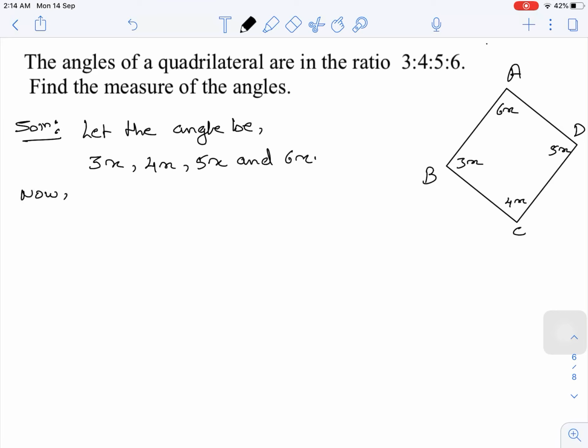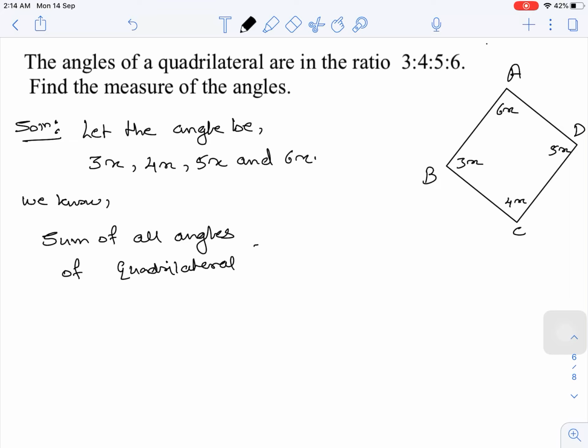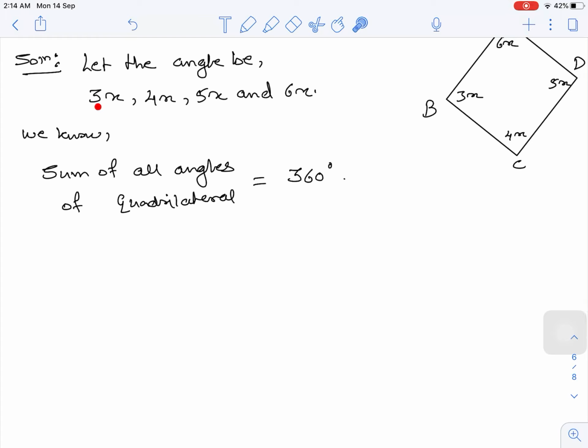We know the sum of all angles of a quadrilateral is equal to 360 degrees. So what are our angles? 3x, 4x, 5x and 6x.